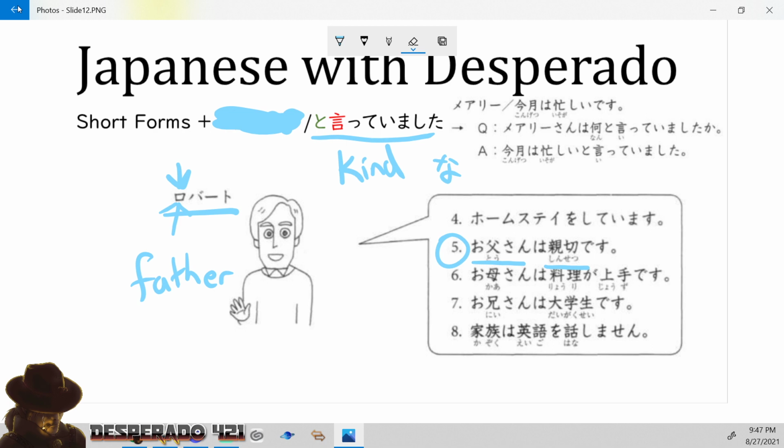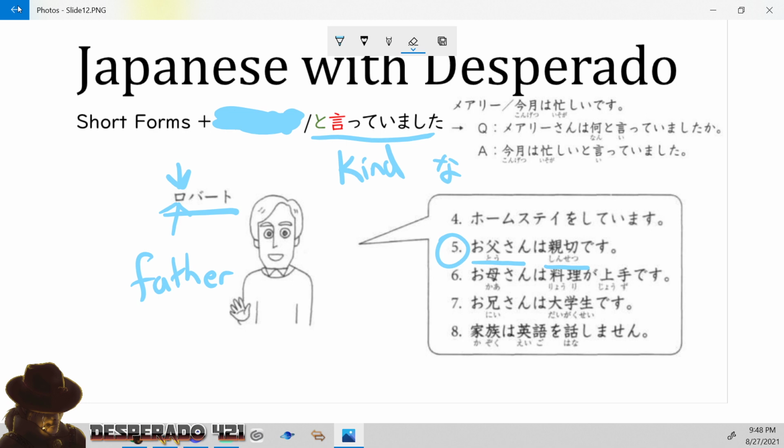So is it da again? Yes. So, Robato-san wa, Oto-san wa shinsetsu da to iimashita.